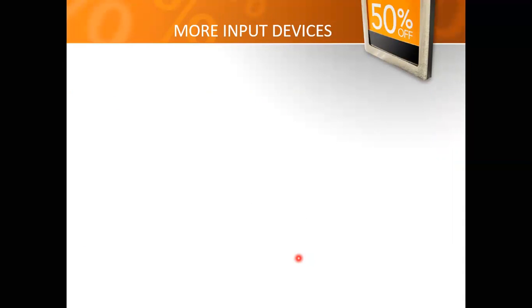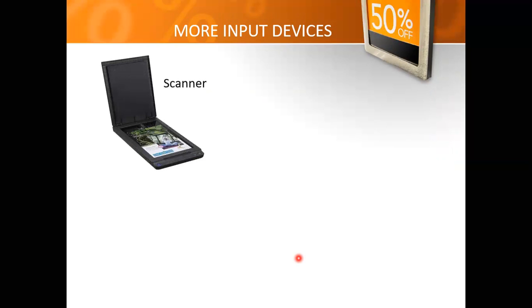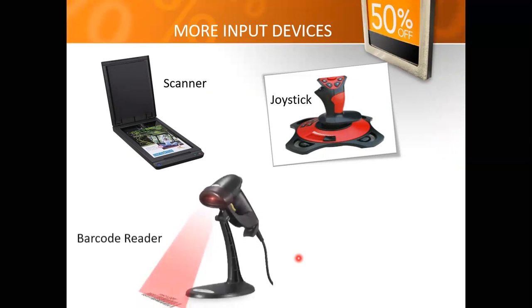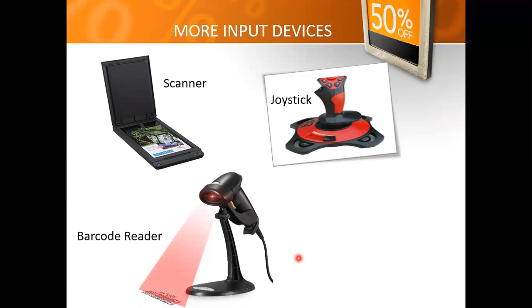Then if we discuss more input devices you learned in class 7, there can be scanner, which is used to scan printouts or documents and transfer them into your computer, and joystick, which is used with games, and barcode readers, which are also input devices, and normally you have seen these in shopping centers to read the barcode written on products to enter the price of the product into the computer.